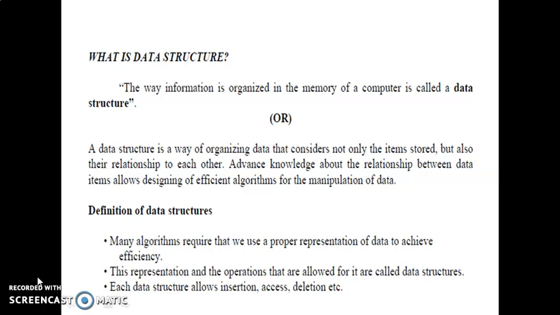Besides that, a data structure not only organizes the memory of a computer, but also produces some relationship between the data. So a data structure is a way of organizing data that considers not only the items stored but also their relationship to each other.